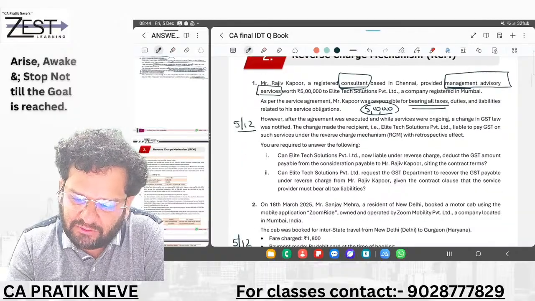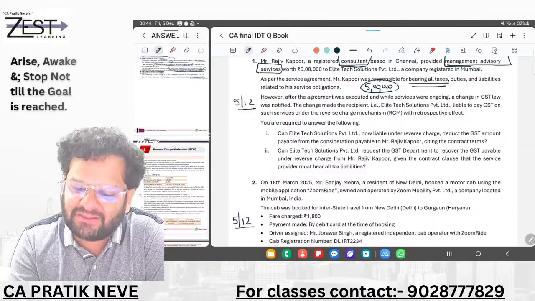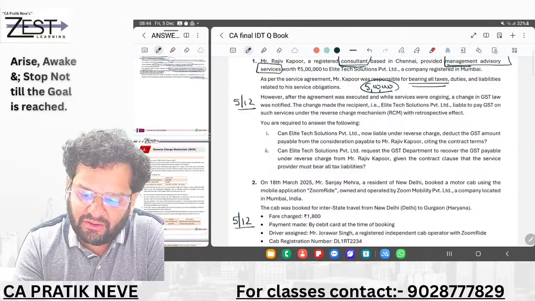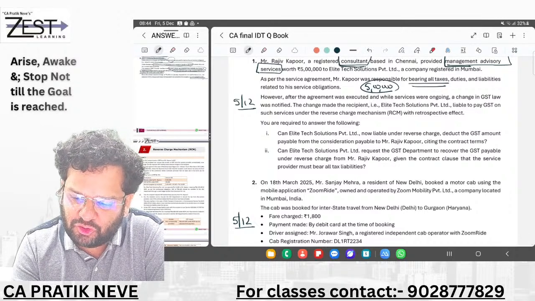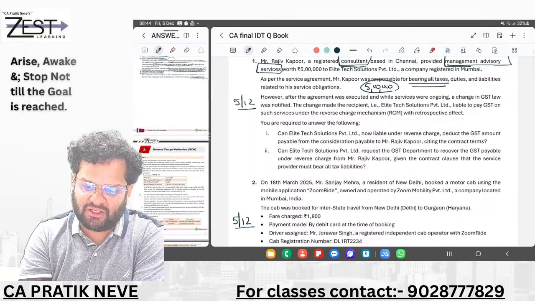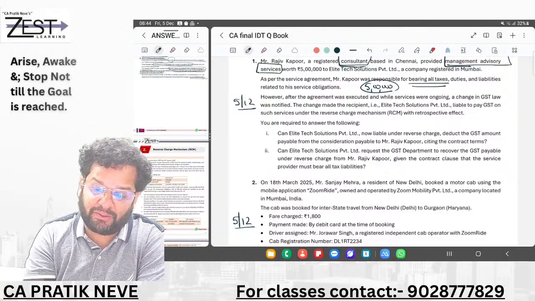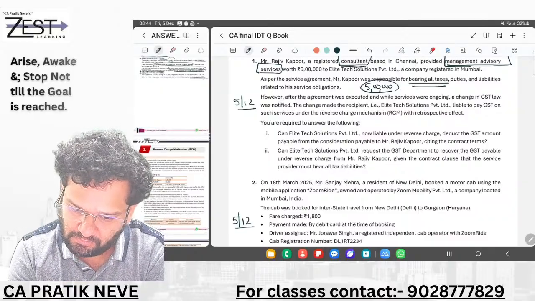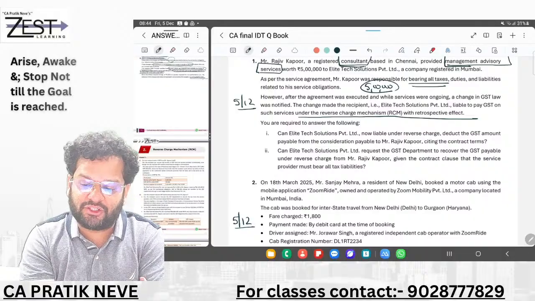However, after the agreement was executed, hypothetical situation, and while services were ongoing, change in GST law was notified. The change made recipient, that is Elite Tech Solutions Private Limited, liable to pay GST on such services under RCM with retrospective effect. You are required to answer the following questions.